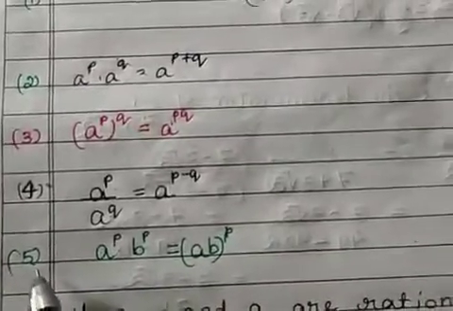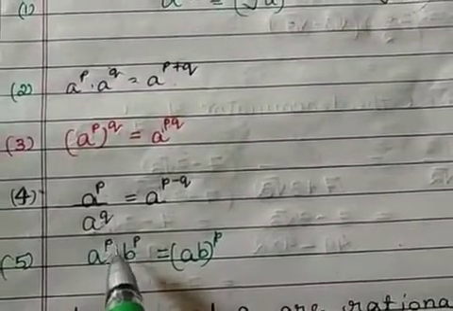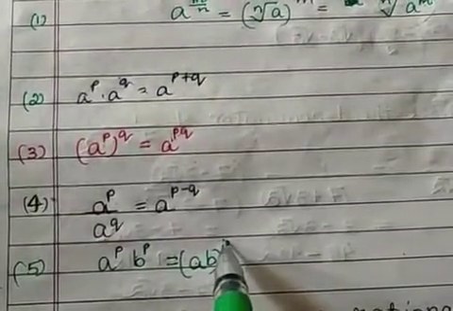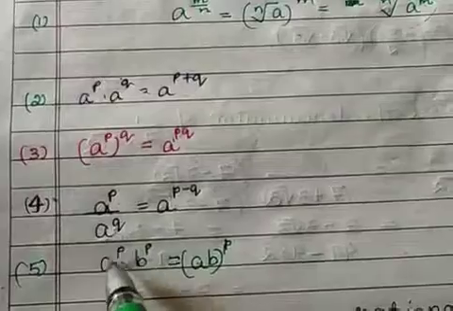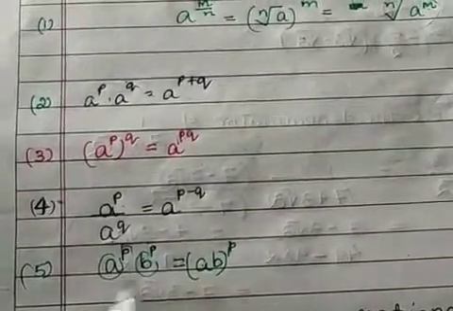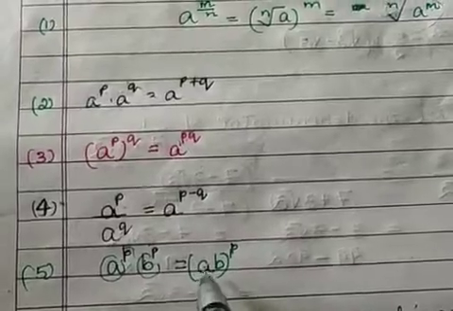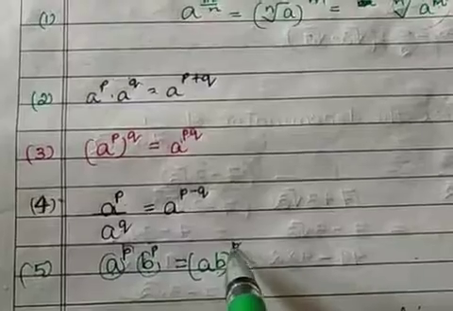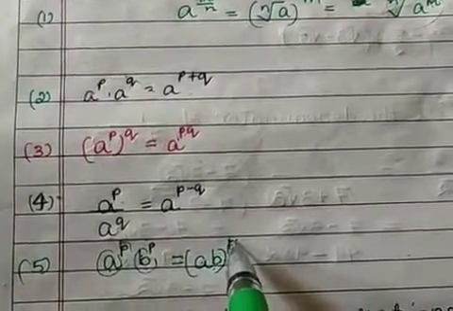Fifth law says a raised to p into b raised to p is equal to ab raised to p. If you have different base but the same exponent or powers, then you can write it as ab raised to p. Multiply these numbers and then raise it to the power of p.